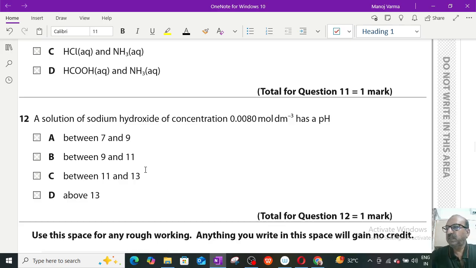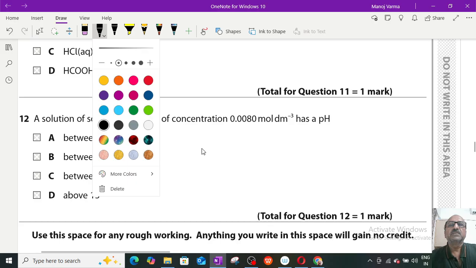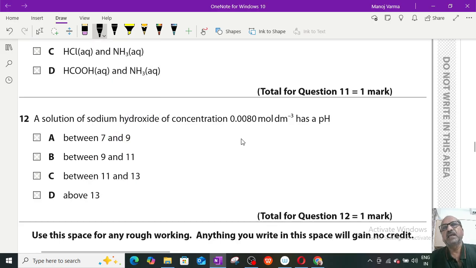So if we find out the POH first, then the POH will be the negative log of 0.008.